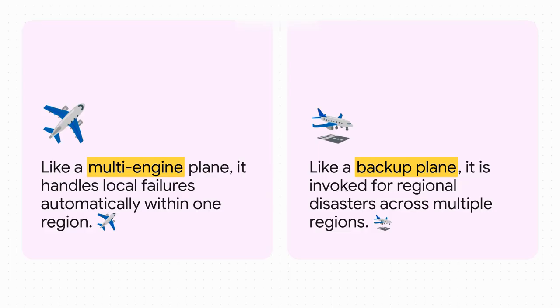You probably don't even notice. It's all about handling those small local failures, like a server or a network switch failing inside a single Azure region. Now, disaster recovery, or DR, that's your backup plane waiting at a completely different airport. If your first plane can't take off because a hurricane flooded the entire airport, you trigger your DR plan to get that second plane in the air. It's for protecting against massive regional-level outages.